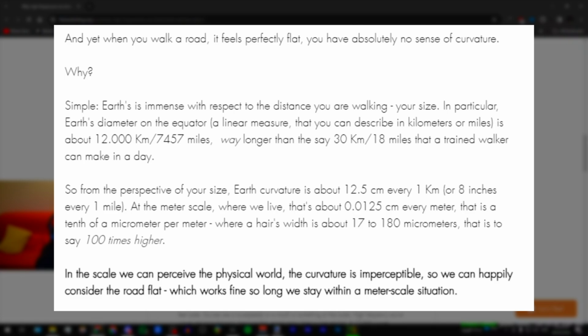Way longer than the say 30 kilometers, 18 miles that a trained walker can make in a day. So from the perspective of your size, Earth curvature is about 12.5 centimeters every 1 kilometer. At the meter scale, where we live, that's about 0.0125 centimeters every meter. That is a tenth of a micrometer per meter, where a hair's width is about 17 to 180 micrometers, that is to say 100 times higher.